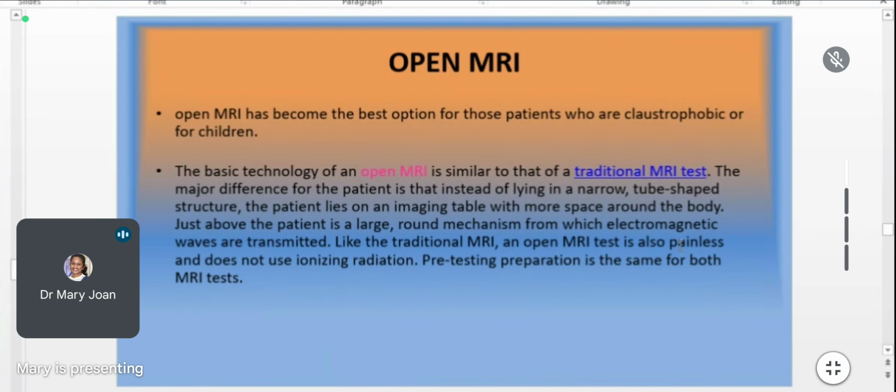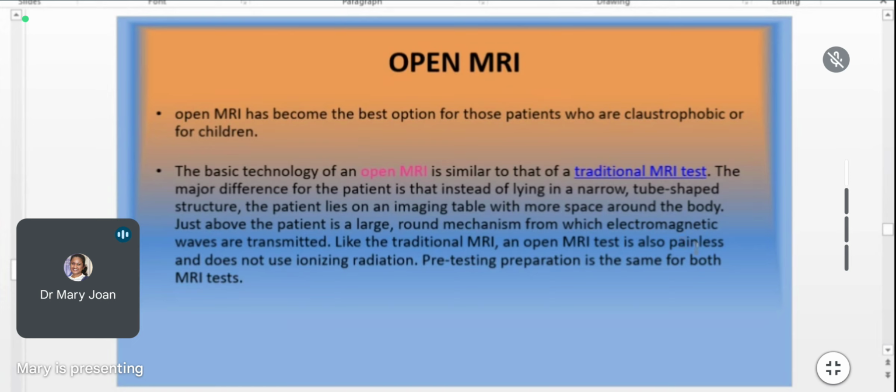Open MRI has become the best option for those patients who are claustrophobic or for children. The basic technology of an open MRI is similar to that of a traditional MRI test. The major difference for the patient is that instead of lying in a narrow tube-shaped structure, the patient lies on an imaging table with more space around the body.